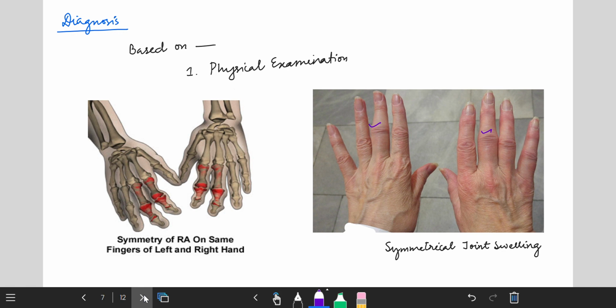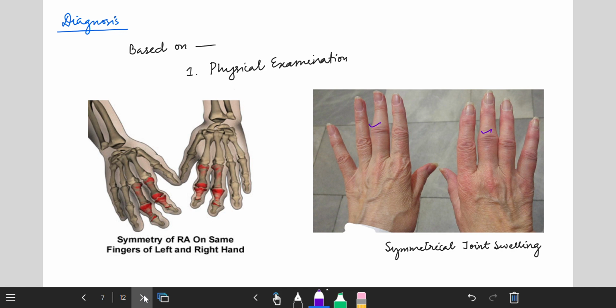These diseases actually mimic rheumatoid arthritis. So diagnosis is only possible in the later stage, and it is based on three types: first, physical examination; second, laboratory tests; third, radiographic findings or imaging tests.